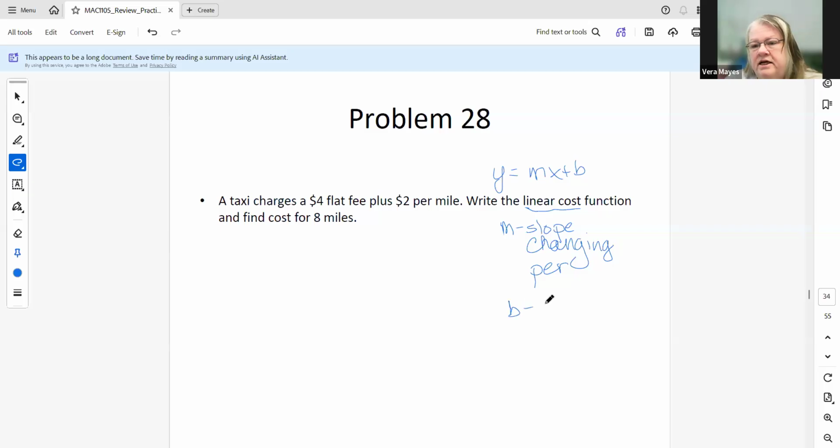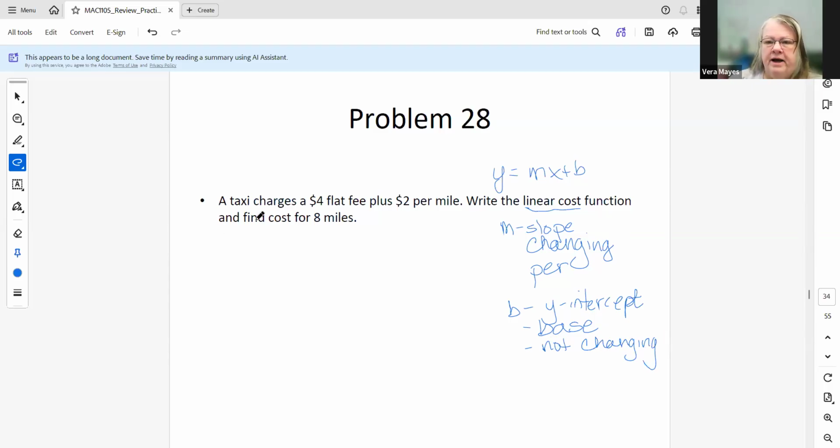The b is in math, our y-intercept. But in this case, it's the base. It's your starting point, the part that's not going to change. This one is the part that's changing. This is the part that's not changing.